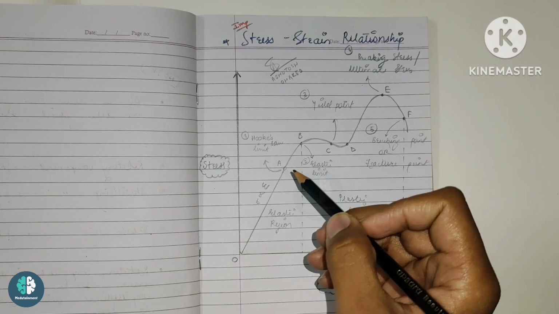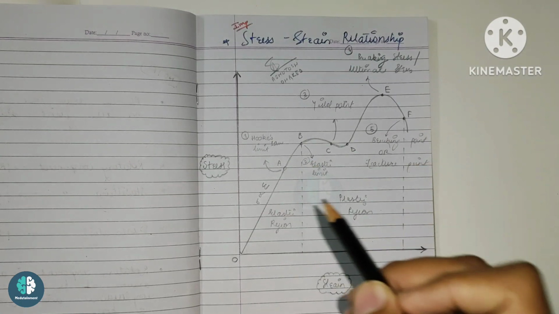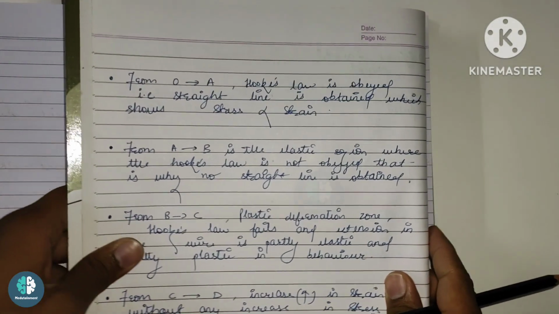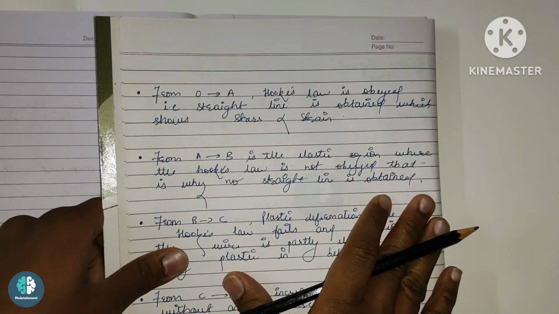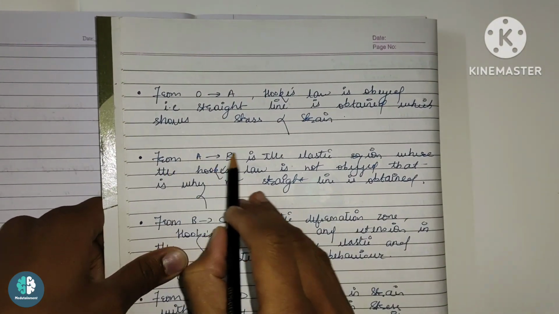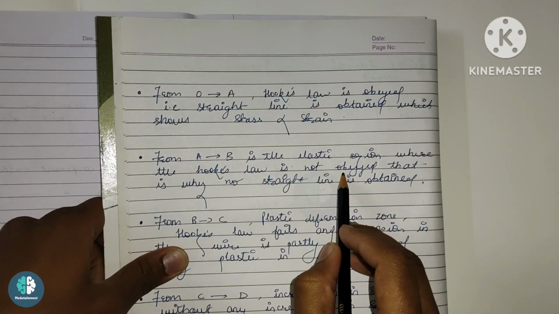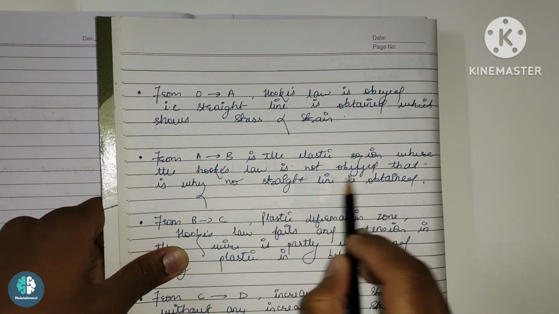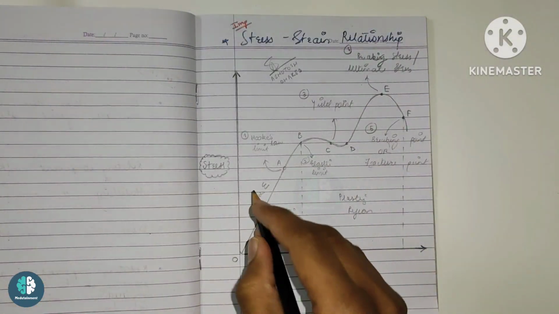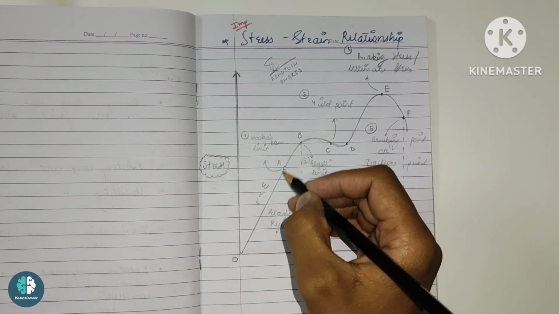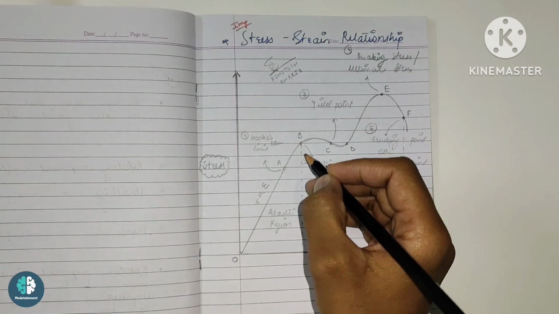Next is the point A to B. What does this signify? From A to B it is the elastic region where Hooke's law is not obeyed, which is why no straight line is obtained. Here we can see that A to B is not a straight line, it is somewhat curved.